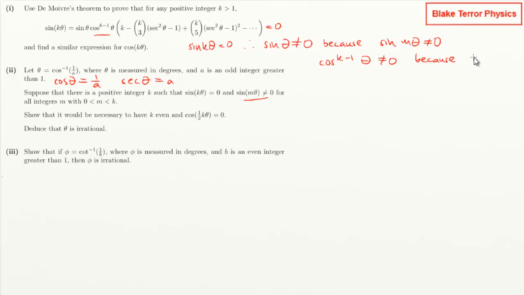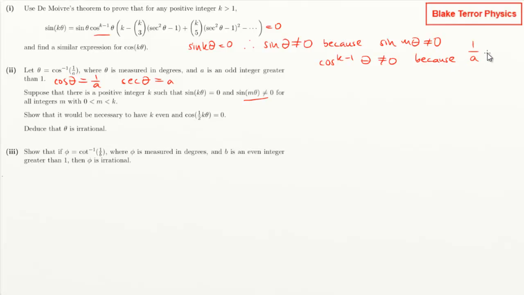Why does it matter that a is odd? What's that got to do with anything? Maybe that comes up later on. If a was an even integer greater than 1, then, well, I'm not quite seeing the relevance of a having to be odd at the moment.